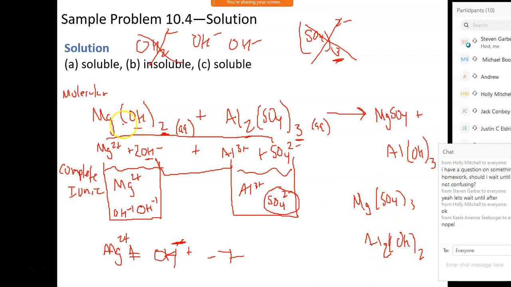The reason is because they see the Mg has a 1 here and the sulfate has a 3, so they just take the Mg and the SO4 and pair it up. Well, that's not the right formula. You still have to do writing formulas correctly.